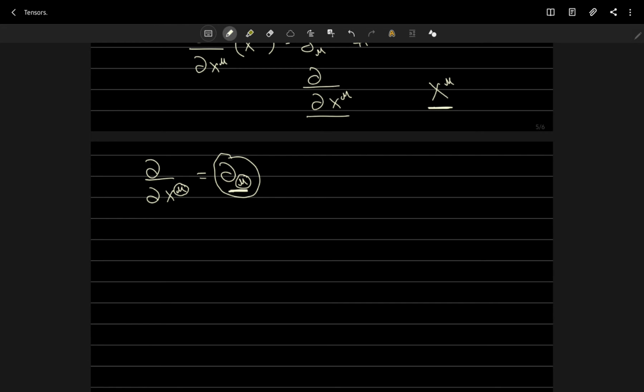And so we can say this is a dual vector.